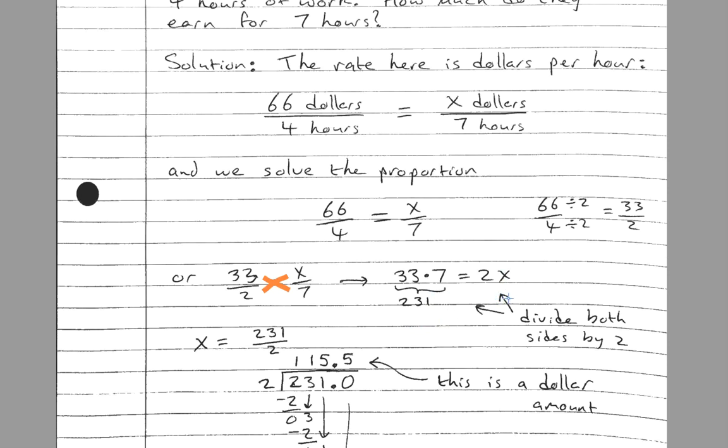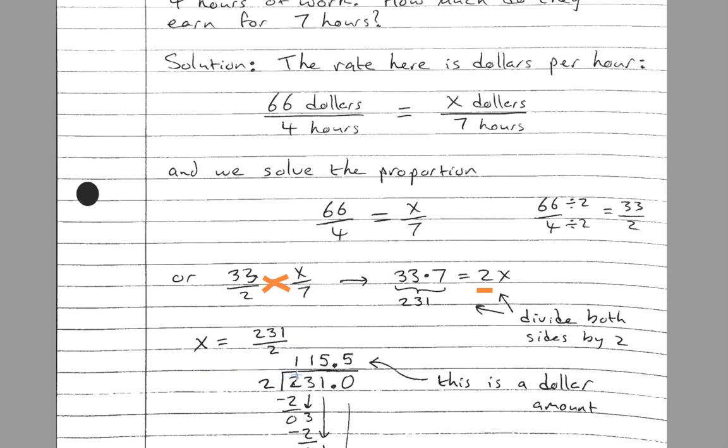This time we do have a number multiplying the x, so divide both sides by that 2. If 231 is equal to 2 times x, then 231 divided by 2 is equal to 2x divided by 2. 2x divided by 2 is just x.